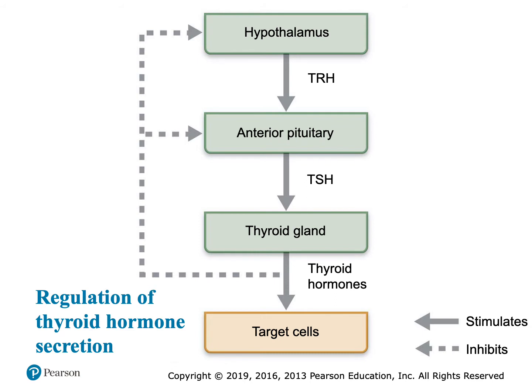So the thyroid gland releases T3 and T4. TH is thyroid hormone. And then, of course, once you get enough, then you have negative feedback. And this would be an example of tropic hormones. A tropic hormone is the hormone that's released because another hormone told it to be released.